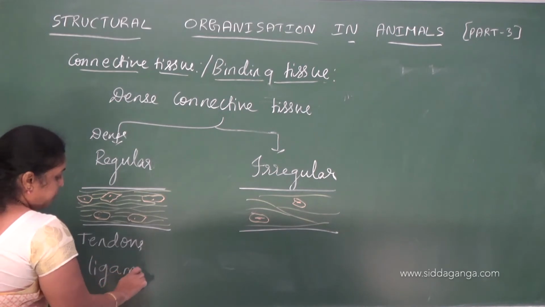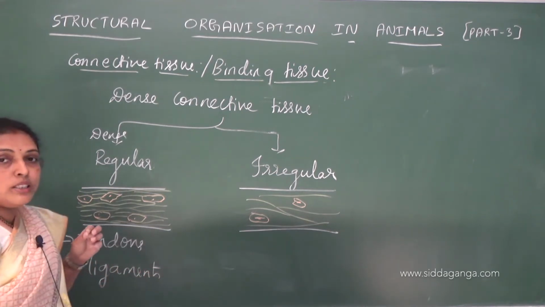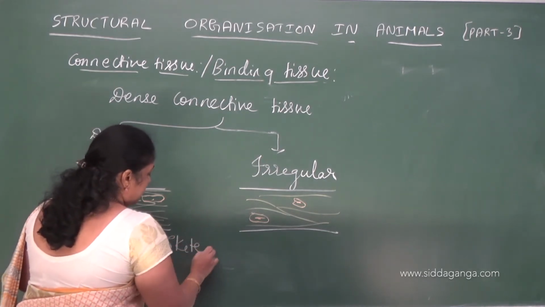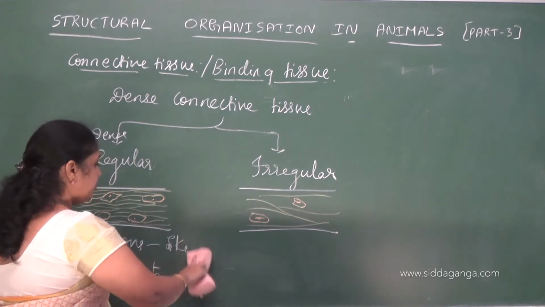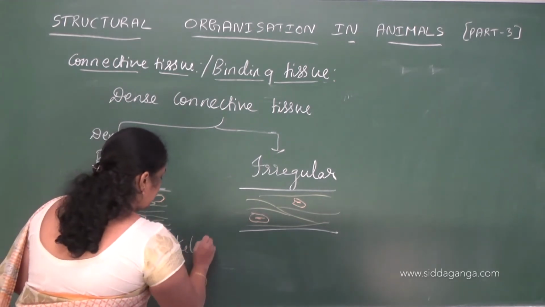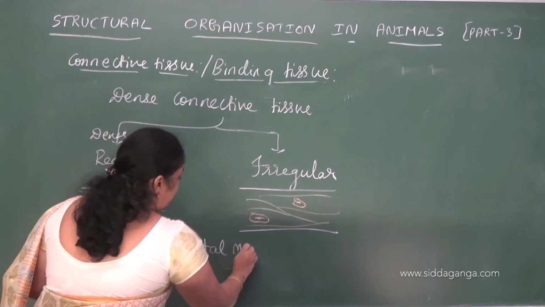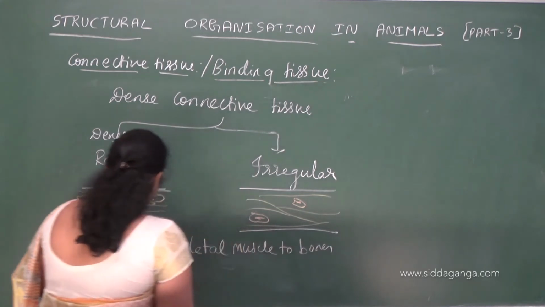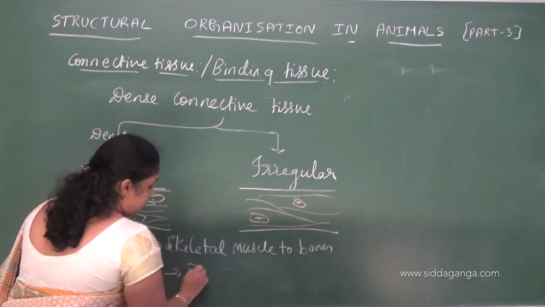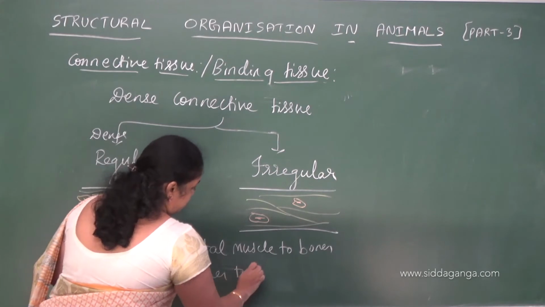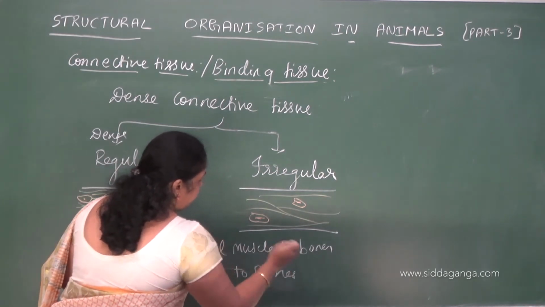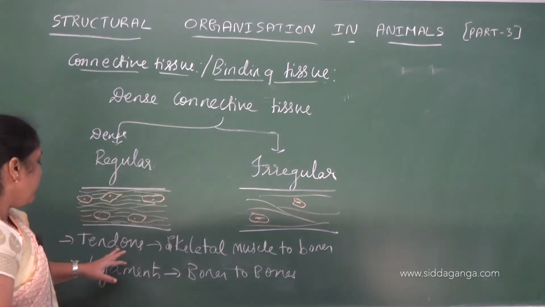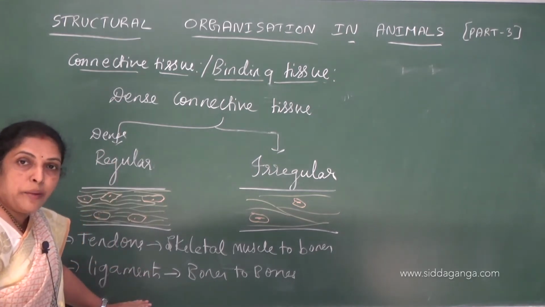Tendons connect skeletal muscles to bones, whereas ligaments connect one bone to another bone. Understood? Under dense regular connective tissue, examples are tendons and ligaments.